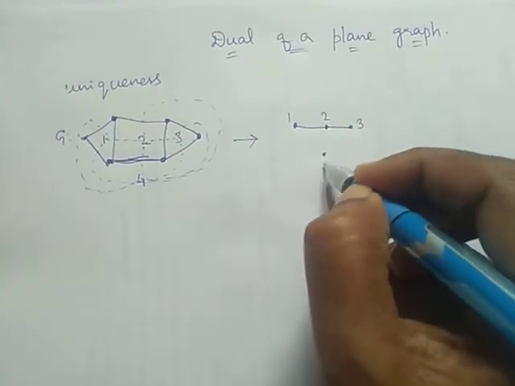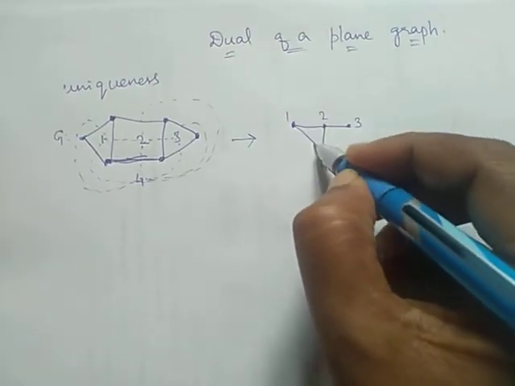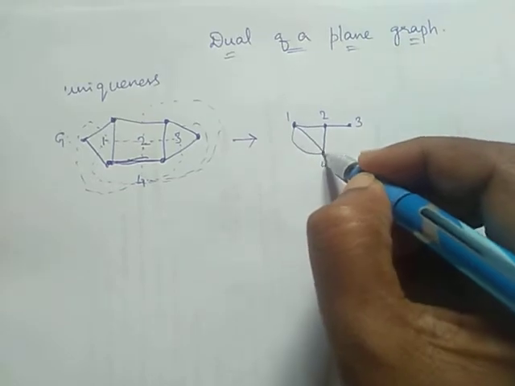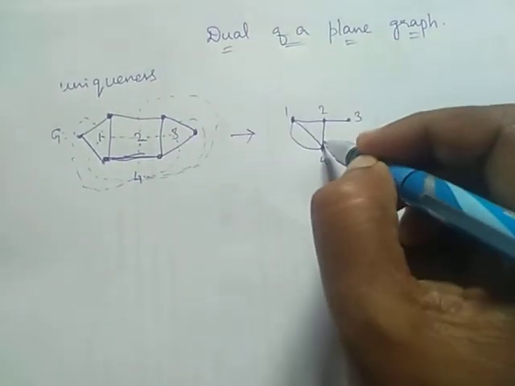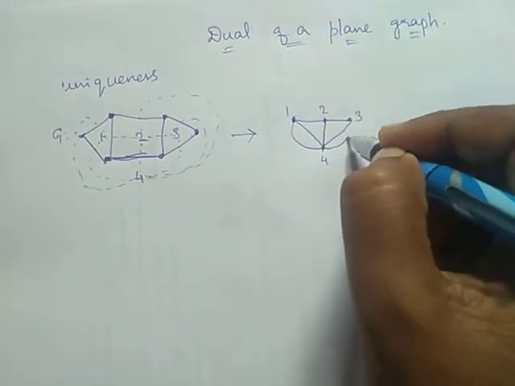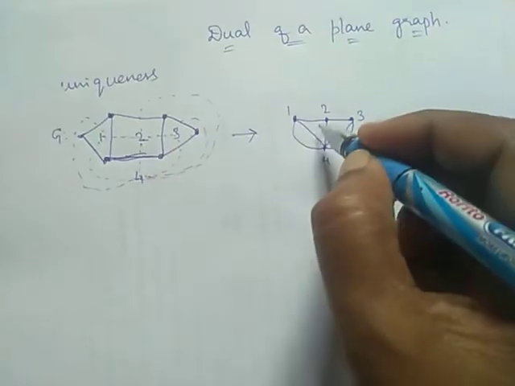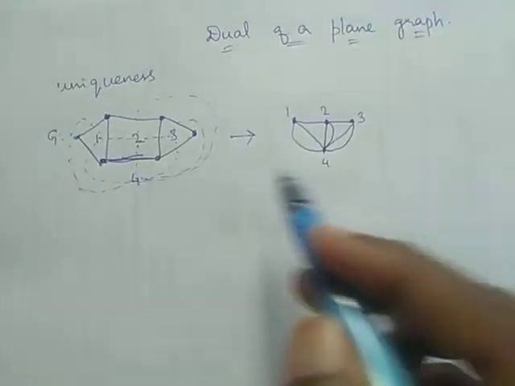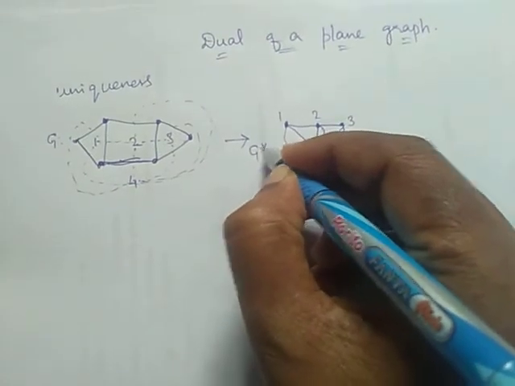Here we have 4. This is connected to 1 and 2. For 3, 1, 2. And from 2 we have 2 edges. This is the dual of the graph G, which can be denoted by G star.